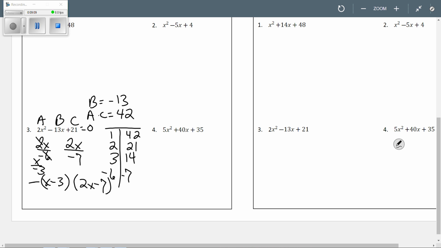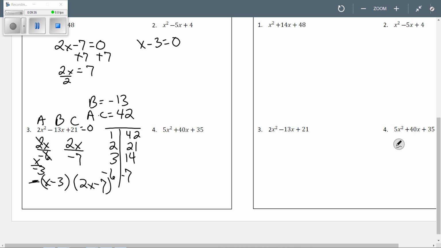We're here. All we have to do is now solve. So x minus 3 equals 0. And then on the left side, I'll do 2x minus 7 equals 0. Then I'm going to do the left side first, because this might look a little scary, a little tricky. All we do is add 7 plus 7. All right, and then 2x equals 7.